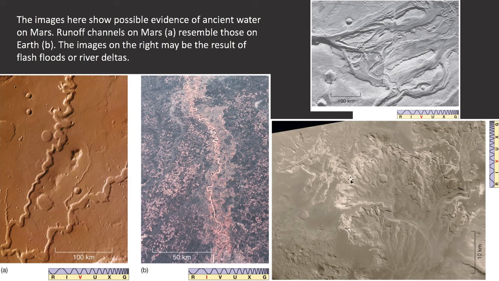This looks like a river delta. Now, we can't say for sure what these things are just yet, and we haven't confirmed directly that there's been water on the planet, but there's a reasonable confidence that we will one day discover that these are results of water flow on the planet.